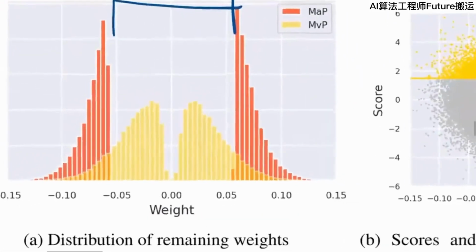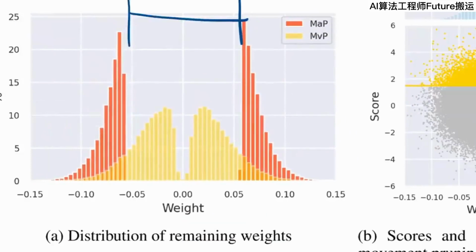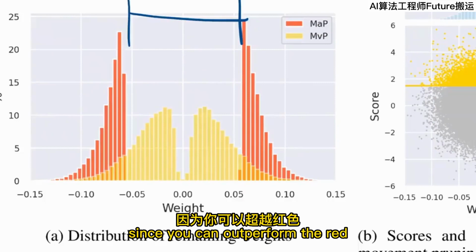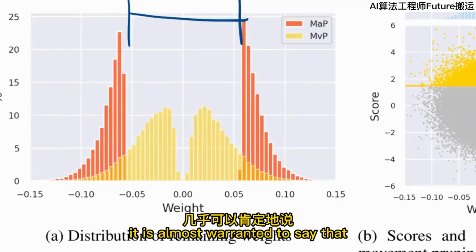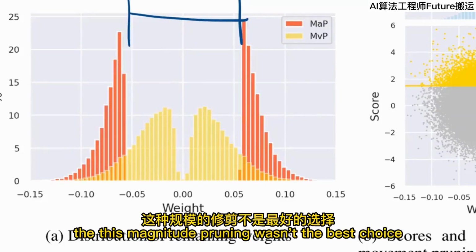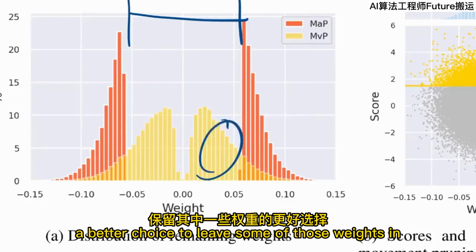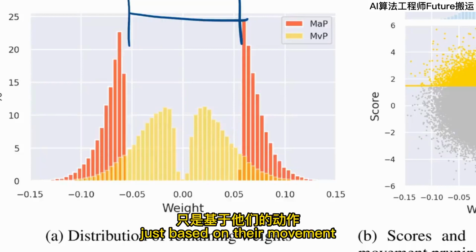So as you can see, since the yellow one can outperform the red one, it is almost warranted to say that this magnitude pruning wasn't the best choice. It's actually a better choice to leave some of those weights in and actually cut some of the weights that are large out, just based on their movement.